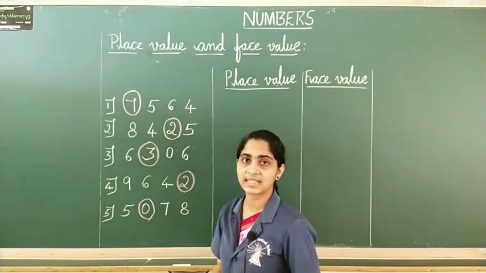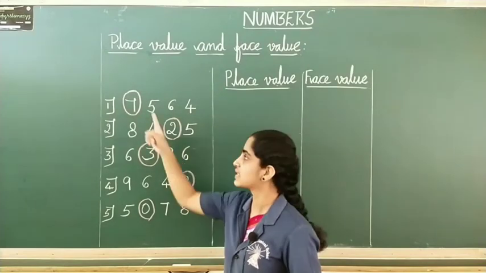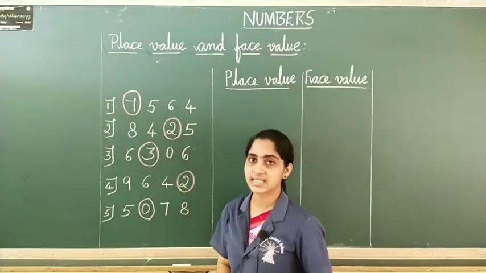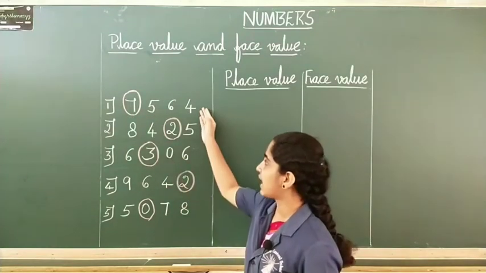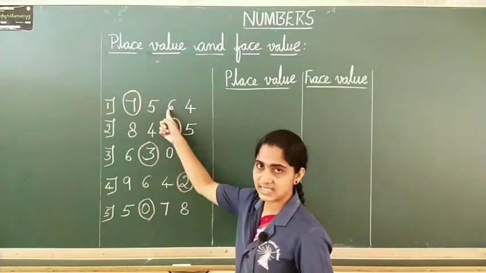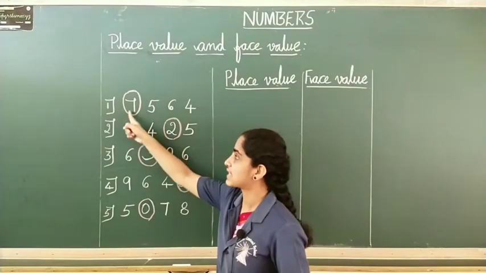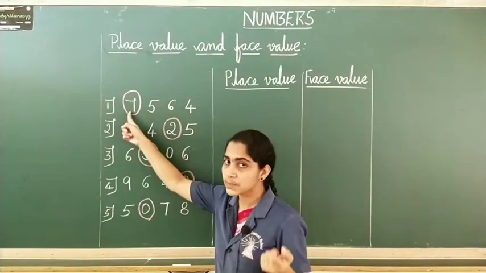Now we have to write the place value and face value for this digit. Now let's discuss. You can see that this 4 is in ones place, 6 is in tens place, 5 is in hundreds place and 7 is in thousands place.